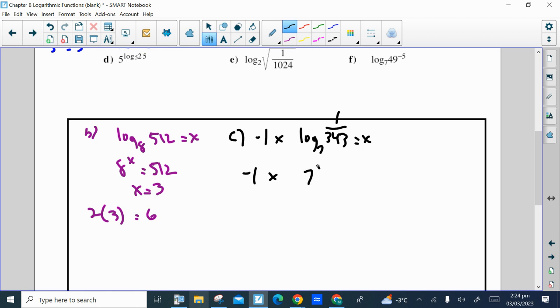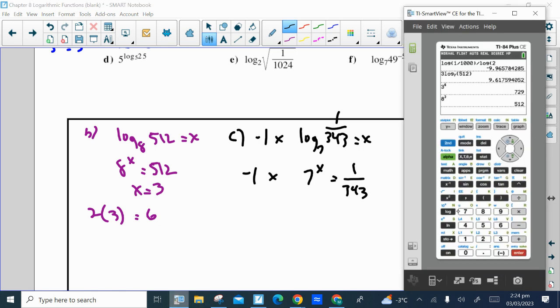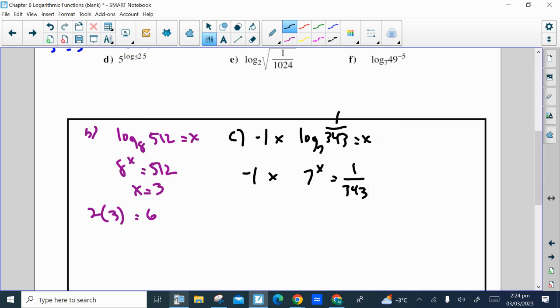To evaluate that, we'll write it as an exponential function. And 343, let's see if that's 7 to the power 3. It is. So it's negative 1 times, so this will be 7 to the x equals 1 over 7 cubed.